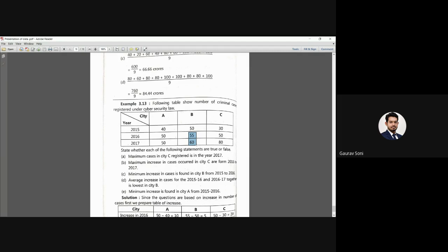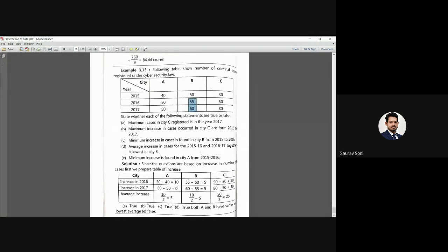But for that, we will need the increase. So 2015 is the base year. In 2015, in city A, there were 40 cases, and in 2016, there were 50.